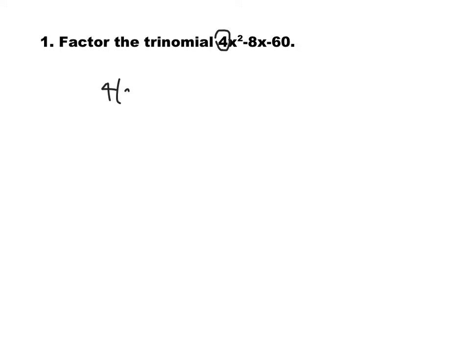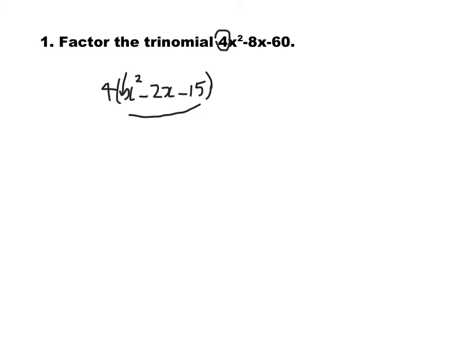and I'm going to get x² minus 8 divided by 4 is negative 2x. 60 divided by 4 is 15, so it's negative 15. Now you see that we have a trinomial here, but the leading coefficient for x² is 1, so I can use sum and product. I have to find two numbers.